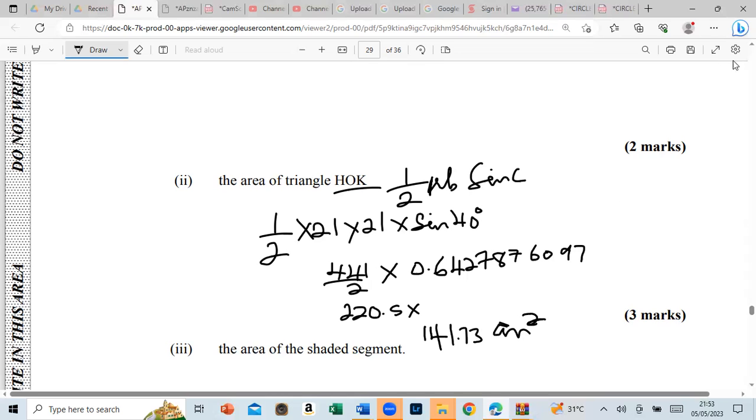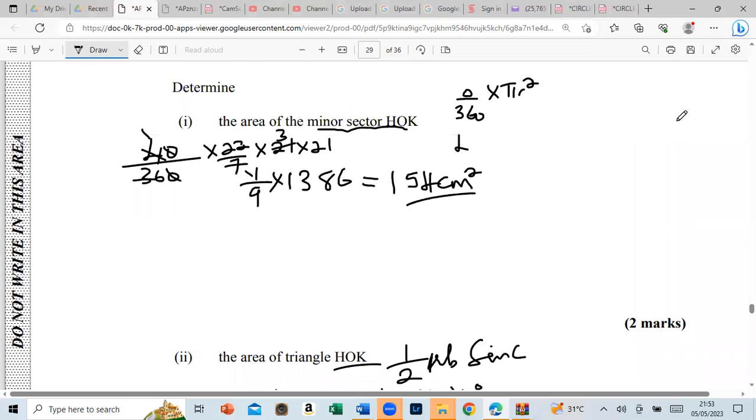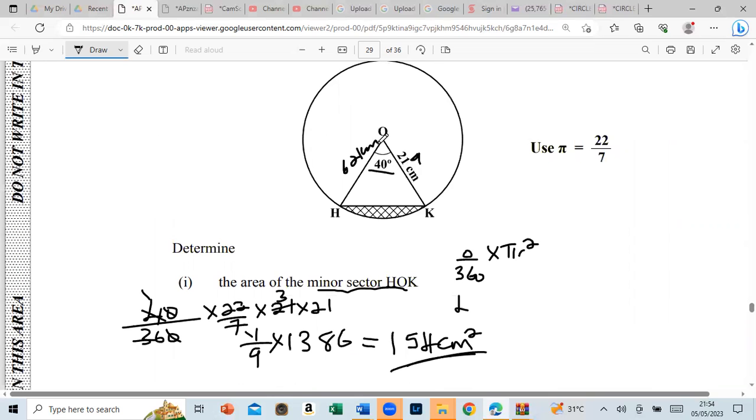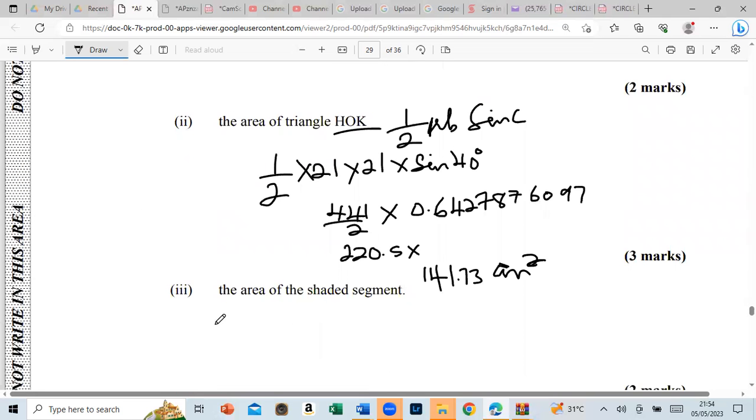Alright, let's go back up. So that was 154, and it makes sense because the sector would have a larger area, right? So this is the sector, this is the triangle. They want the area for the shaded region. Now the area for the shaded region will be the sector area minus the triangle.